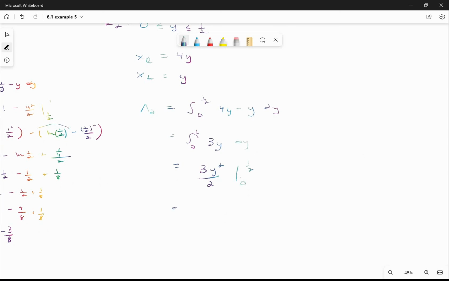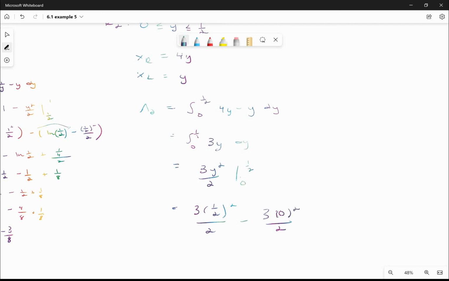Evaluating, we have 3 times 1/2 quantity squared over 2 minus 3 times 0 squared over 2.